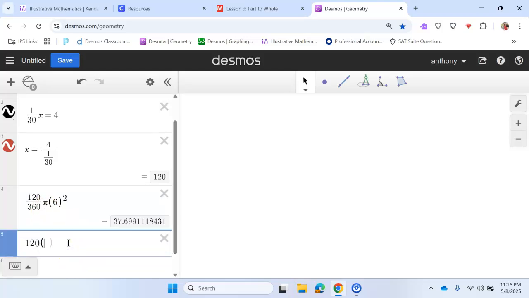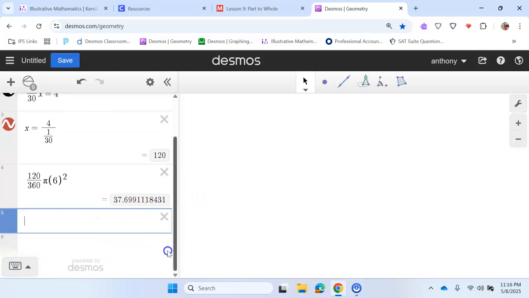That's 120 times 36 divided by 360, which is 12 pi.